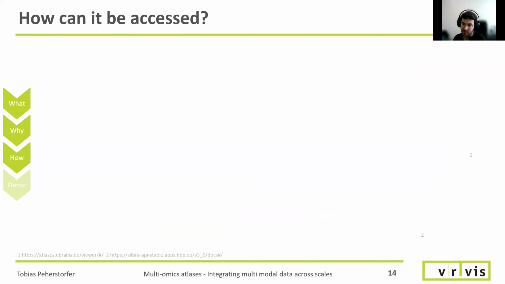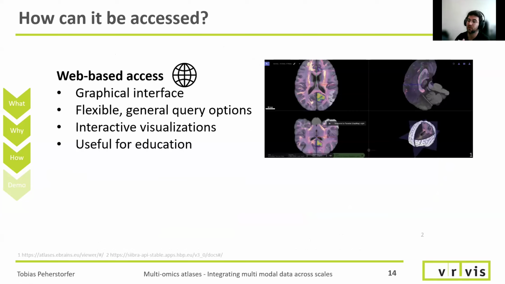The easiest and most user-friendly is probably web-based access, where there is a graphical user interface and very flexible, general query options that allow people to ask very general questions. You usually combine this with interactive visualization so that people understand what they see.